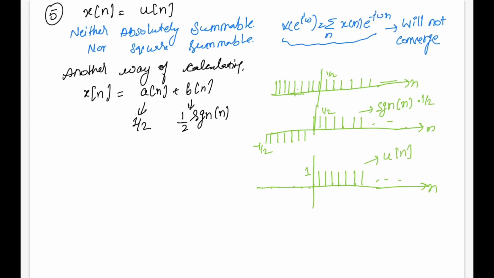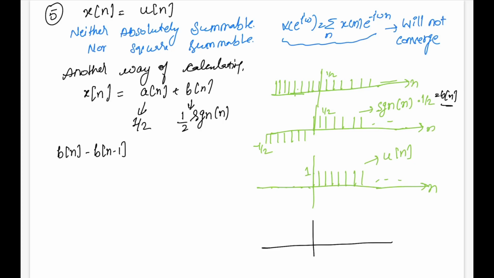Okay, fine. So let's write this b[n]. If we do b[n minus 1], if we look closely, I'll draw b[n minus 1] also. b[n minus 1] means right shift this sequence by index 1.